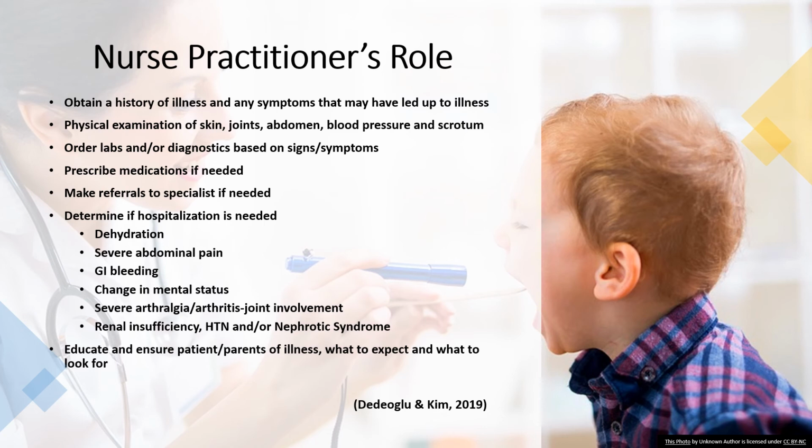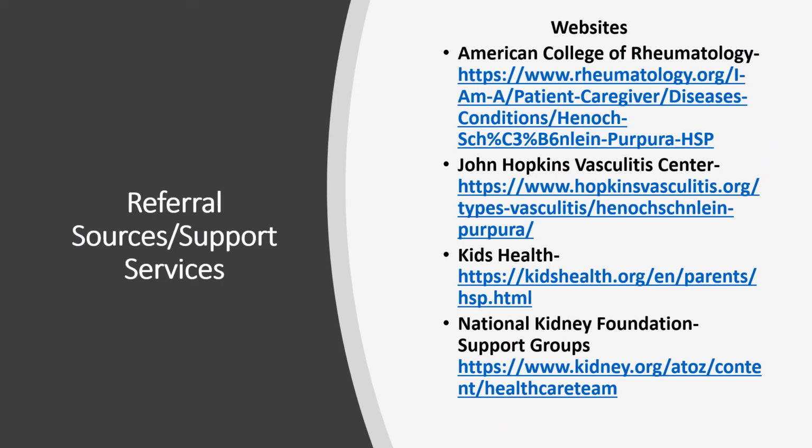The nurse practitioner needs to educate the patient and the parents of the illness. They need to educate them on what to expect and what to look for for further complications. There are several websites that you can refer parents and patients to for information on HSP.